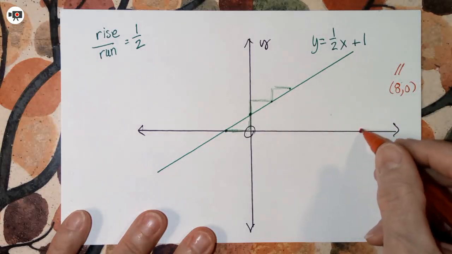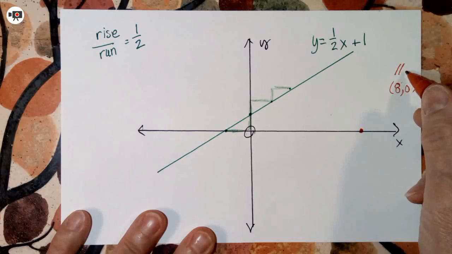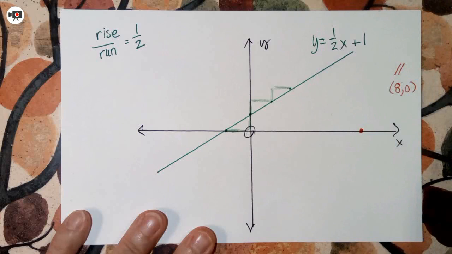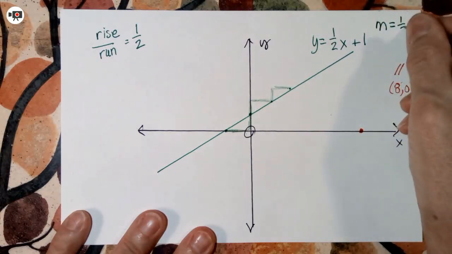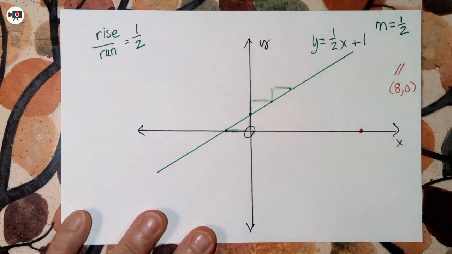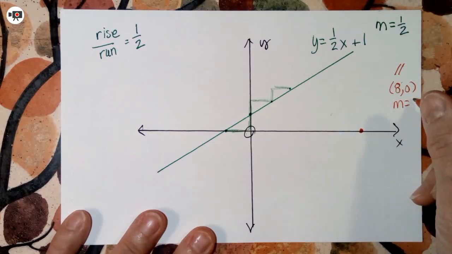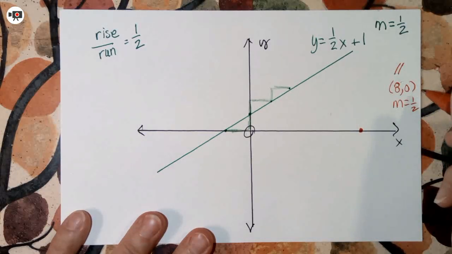Let's say that's 8. Probably isn't if I count it out. Okay, parallel. Okay, this is the slope of the line. Here for our original line, the slope is 1/2. So the slope of the parallel line will be the same thing. So the slope is going to be 1/2. But I want it to go through the point 8, 0.